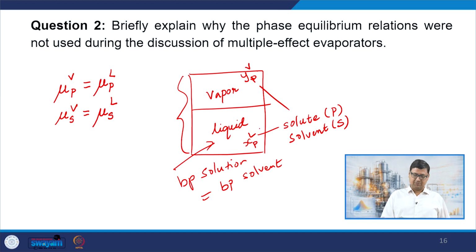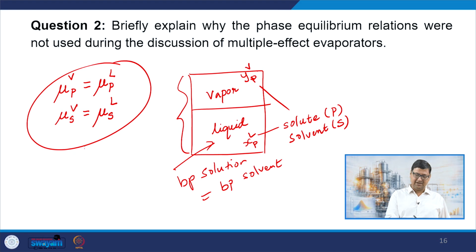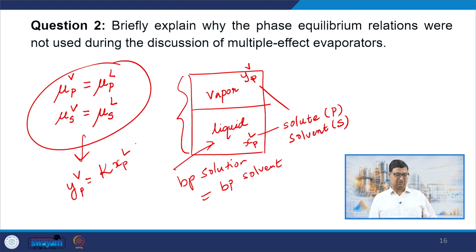So from here you may indeed get some relation between the vapor phase mass fraction of the solute and, let's say, some k times the liquid phase mass fraction of the solute. In reality, something like this may come from the chemical potential equalities, and when we do separation processes, particularly distillation, I will have these equations in there.